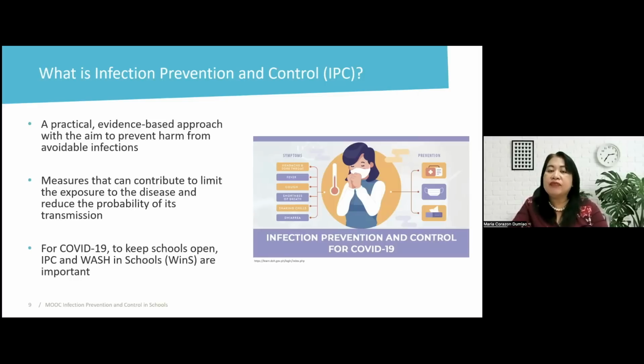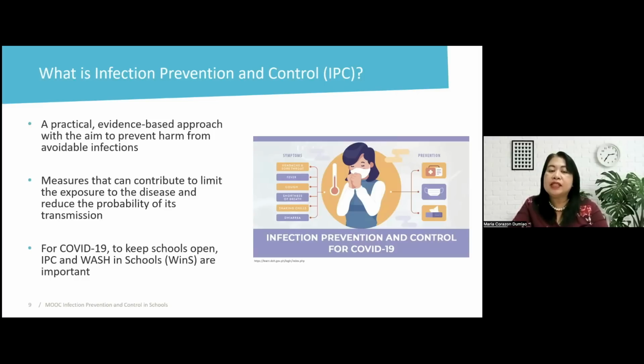A conducive environment is also a necessity for IPC. In particular, if water, sanitation, and hygiene services are stopped, many IPC measures cannot be implemented. Hence, it is important to ensure that WASH is in place in schools.